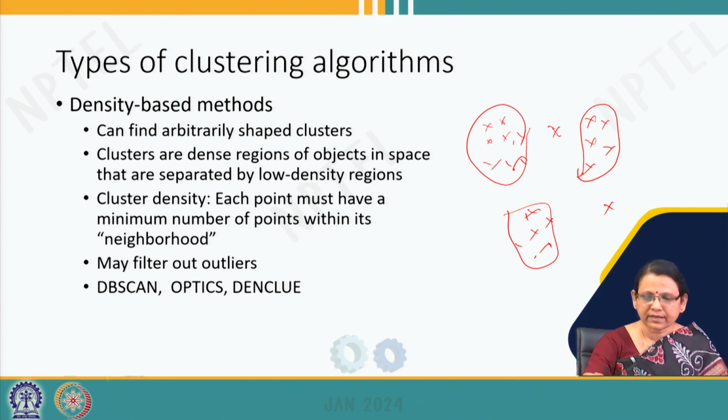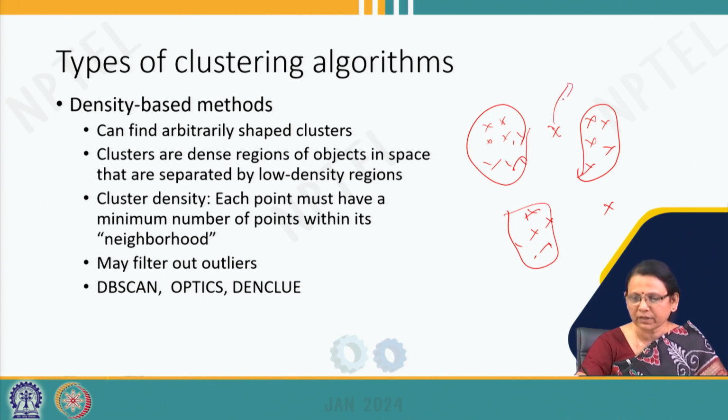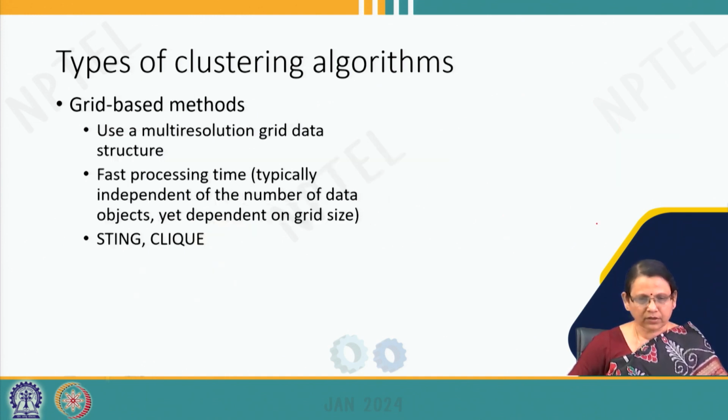These clusters are in dense regions and this cluster density represents each point must have a minimum number of points within its neighborhood. Which means this one cannot be called a cluster, this one cannot be called a cluster, they are rather outliers. Okay. So, DBSCAN, OPTICS, DENCLU are some of these types of clustering algorithms.